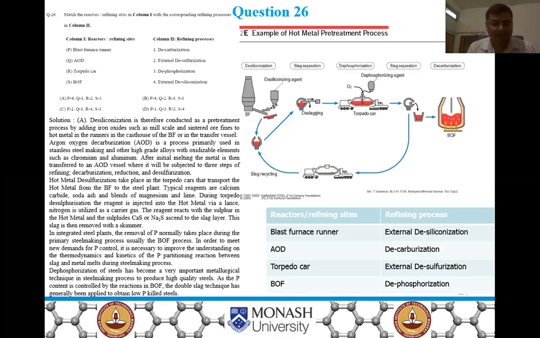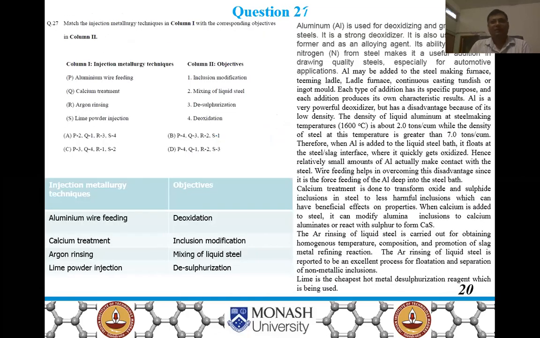Dephosphorization of steel has become a very important metallurgical technique in steel making process to produce high quality steels, as phosphorus content is controlled by reactions in BOF, and double slag technique has generally been applied to obtain low phosphorus killed steel.